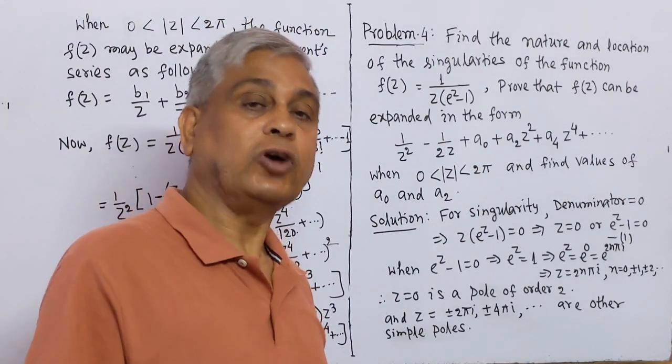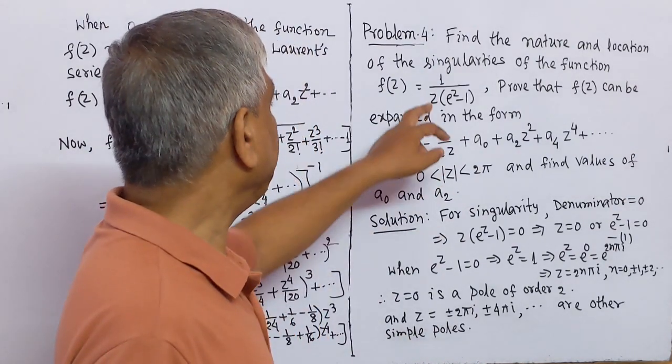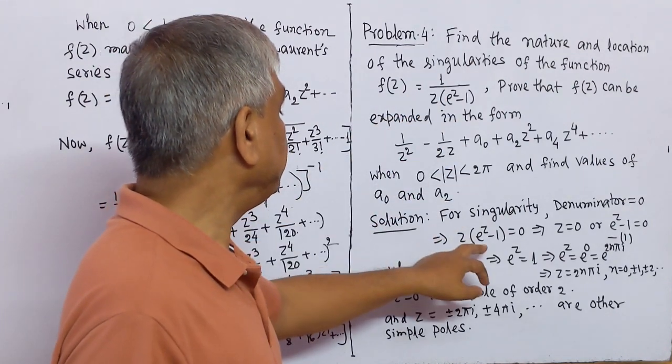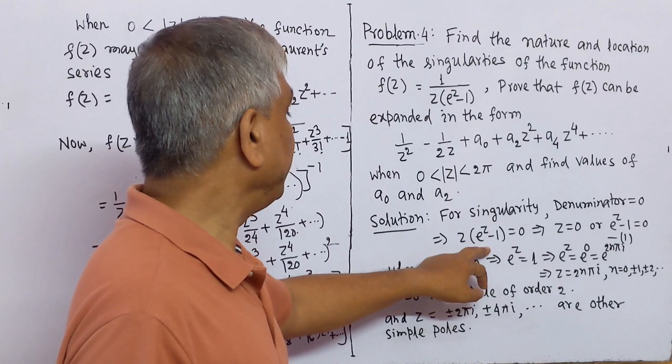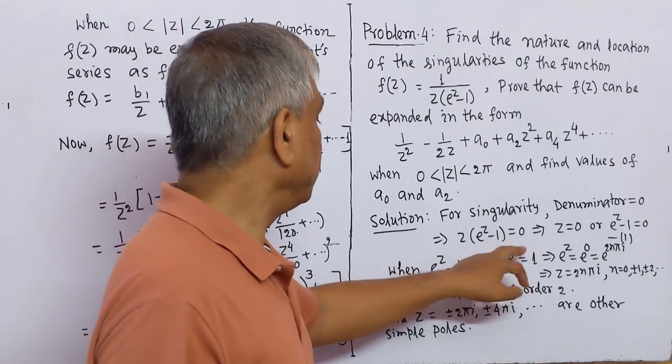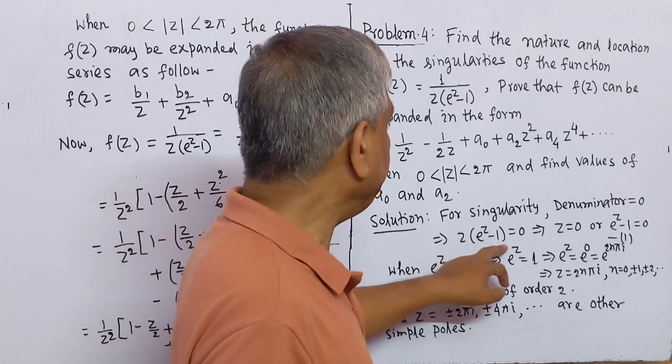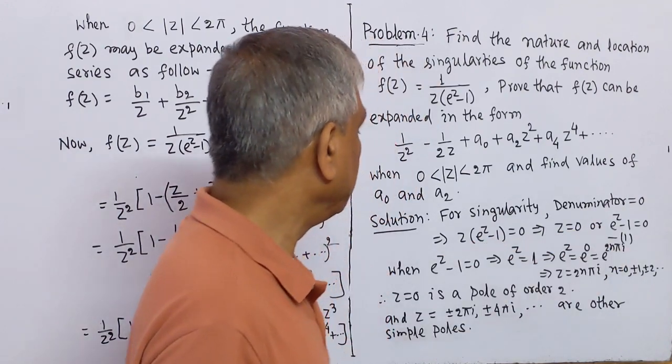Now we solve this. For singularity of the function, denominator equal to 0, this means z equal to 0 or e to the power z minus 1 equal to 0.